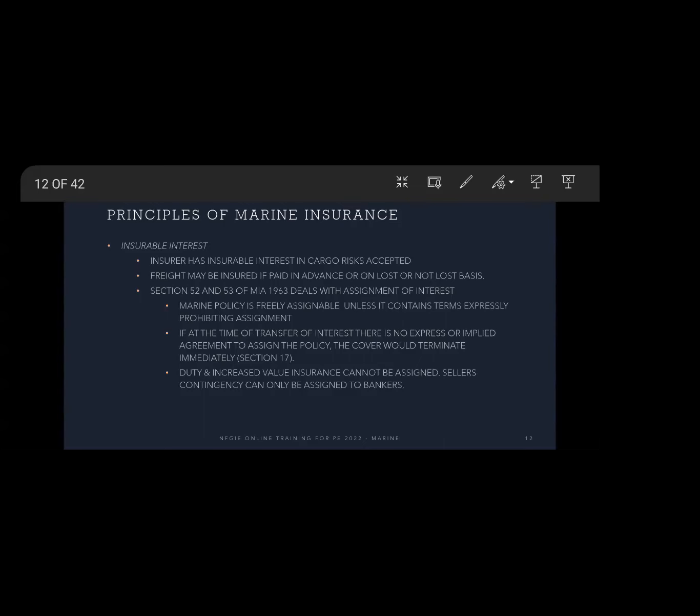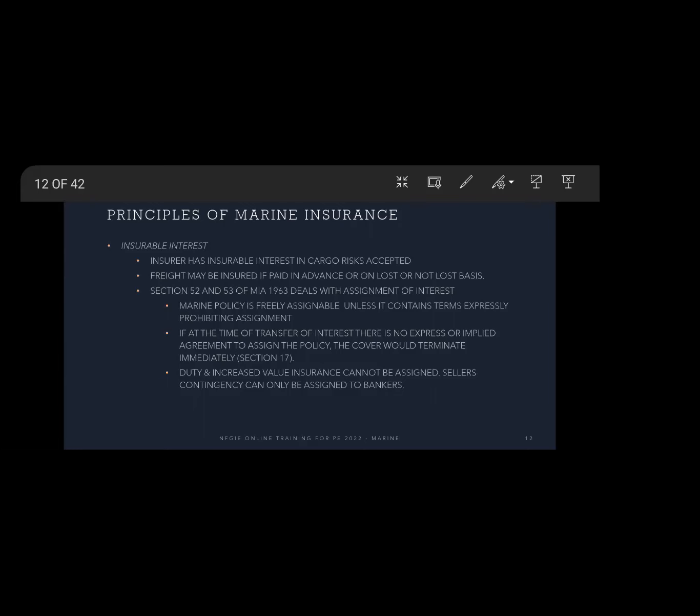Another thing is that freight can be insured in marine cargo insurance also, if freight has been paid in advance or on lost or not lost basis. So, for example, if I am the carrier, I am telling you that I will take your goods to, let us say, your destination.